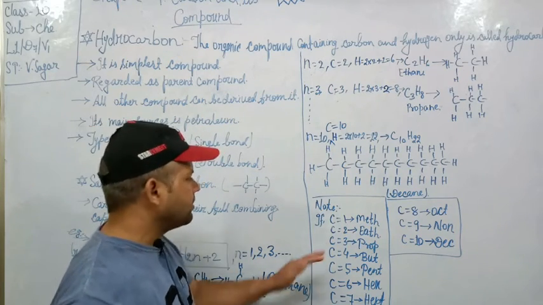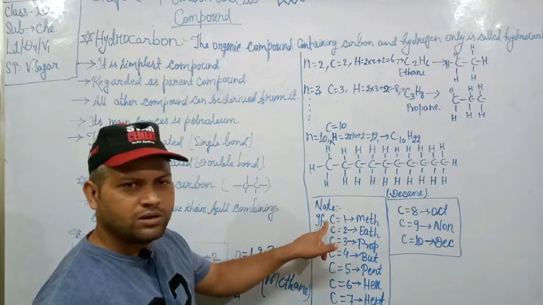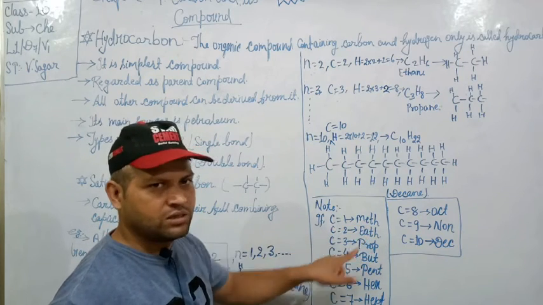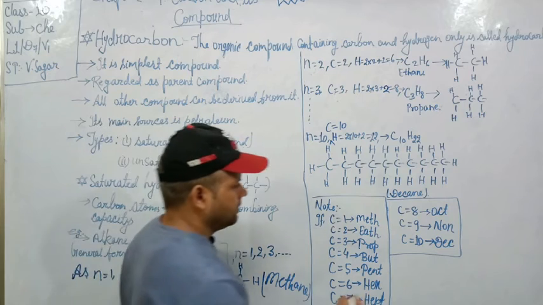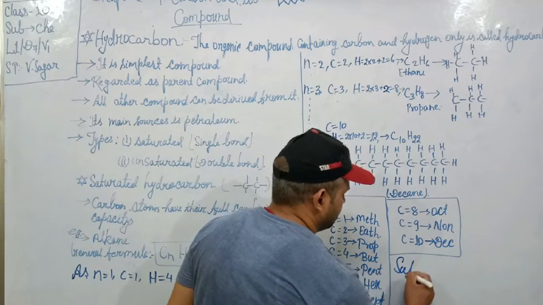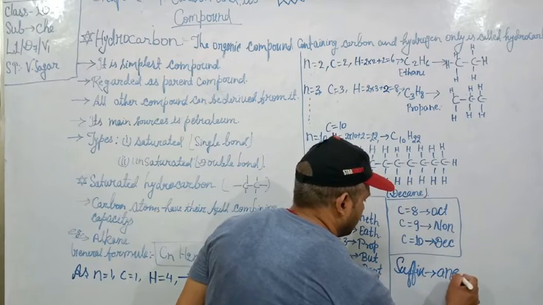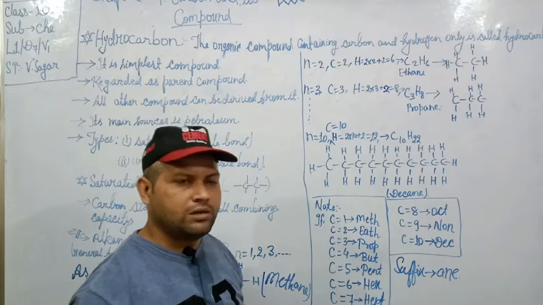But how do we use methane, ethane, propane, decane? You have to remember one thing. If the number of carbon atoms is 1, then we use meth and add the suffix ane to it to write the name of the alkane.